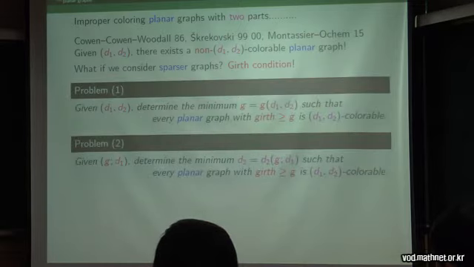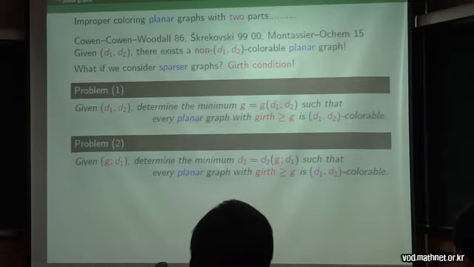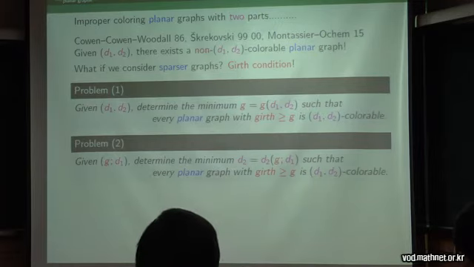So now you can ask these 2 questions. The first one is, if you give me a pair of 2 numbers, I want to give you the minimum girth condition that guarantees that every planar graph with this girth is D1, D2 colorable, where these 2 numbers are the ones you gave me.